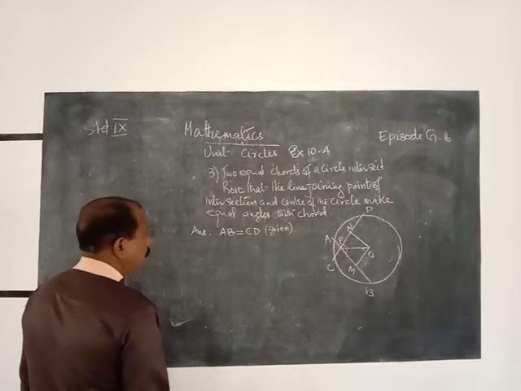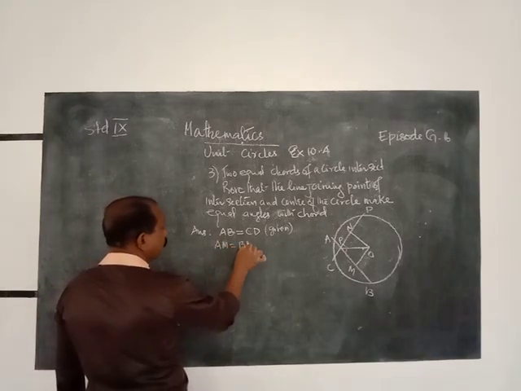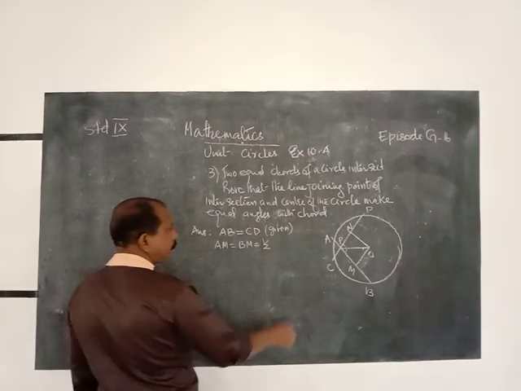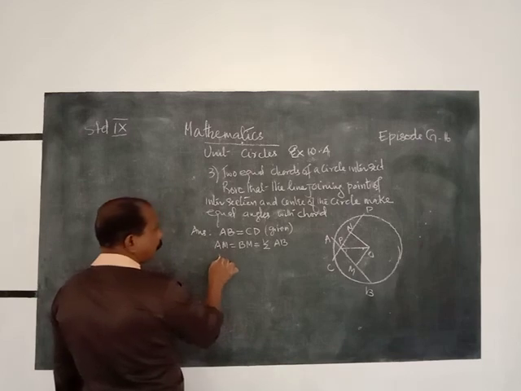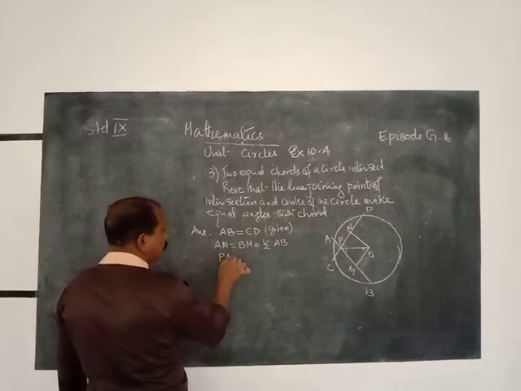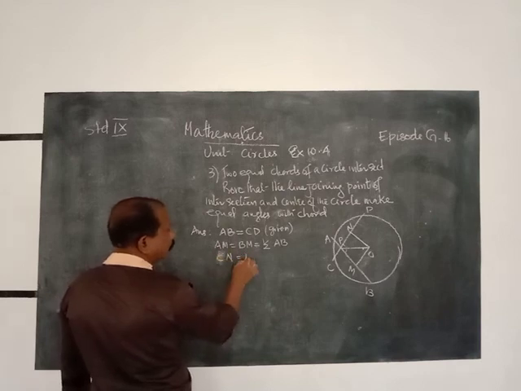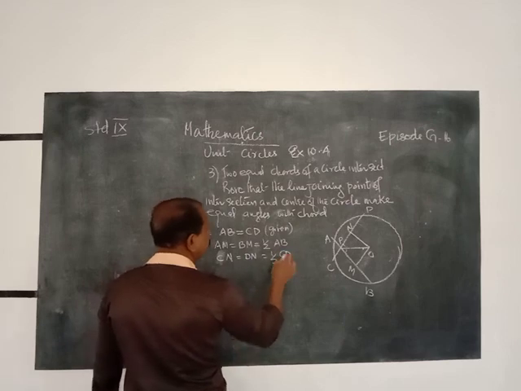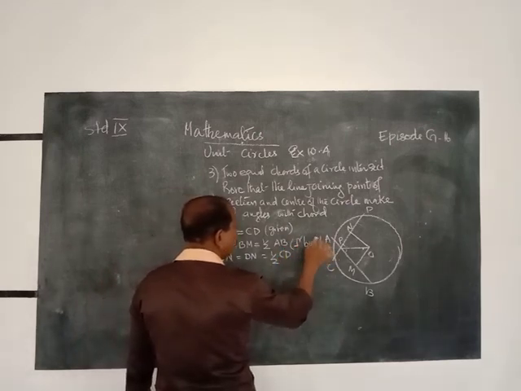AM is equal to BM is equal to half AB. CN is equal to DN is equal to half CD. That is, perpendicular bisecting.